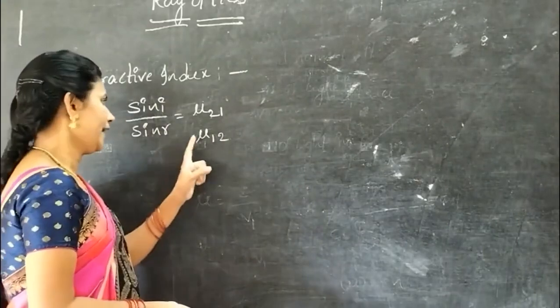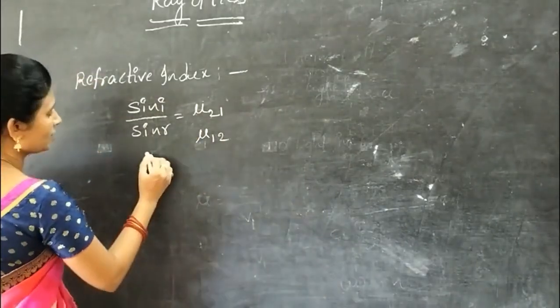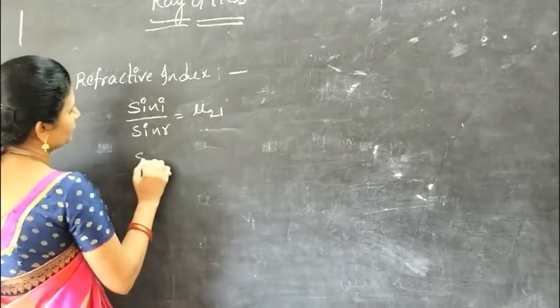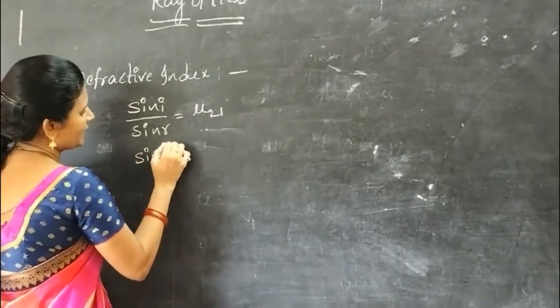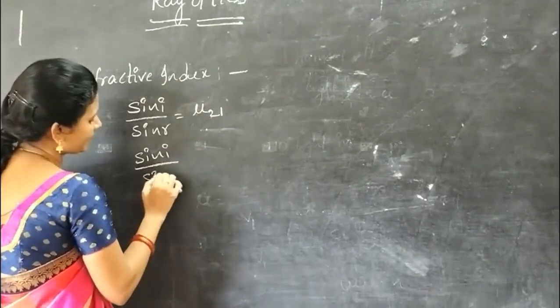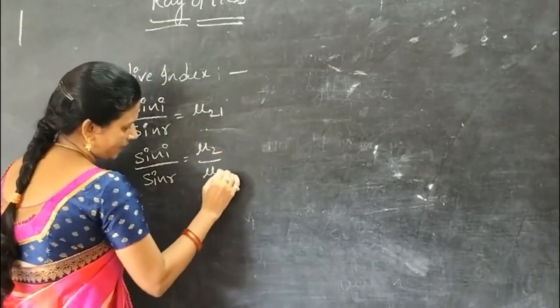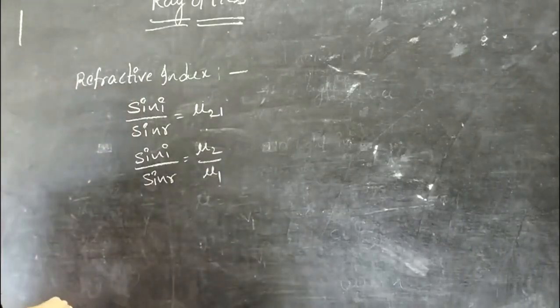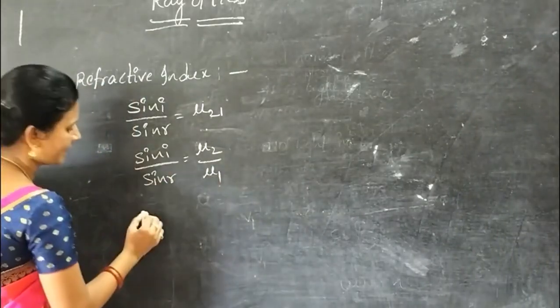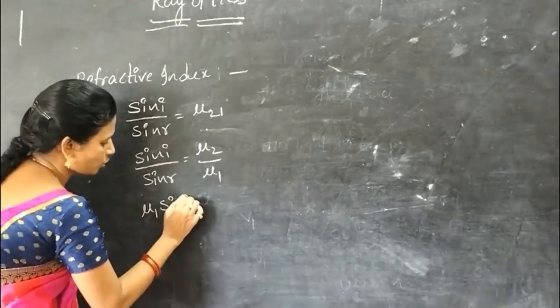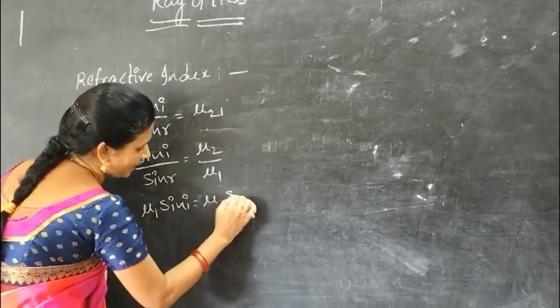So sin i by sin r is equal to mu2 by mu1, and from this equation, mu1 sin i is equal to mu2 sin r.